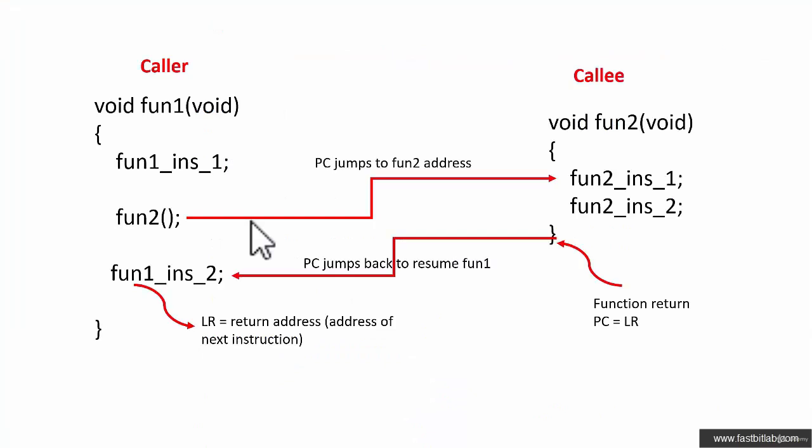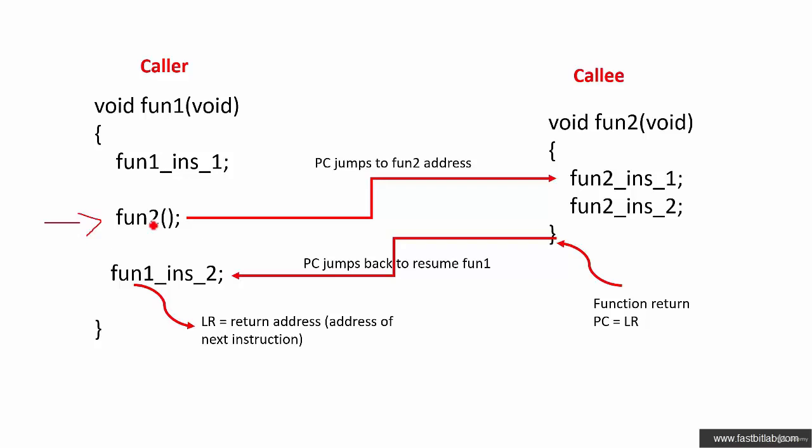Let me explain the use of the link register, that is LR. Let's take the case of function 1 and function 2. Function 1 calls function 2 in this case, and function 1 is called the caller and function 2 is called the callee. Here is the place where function 1 calls function 2.